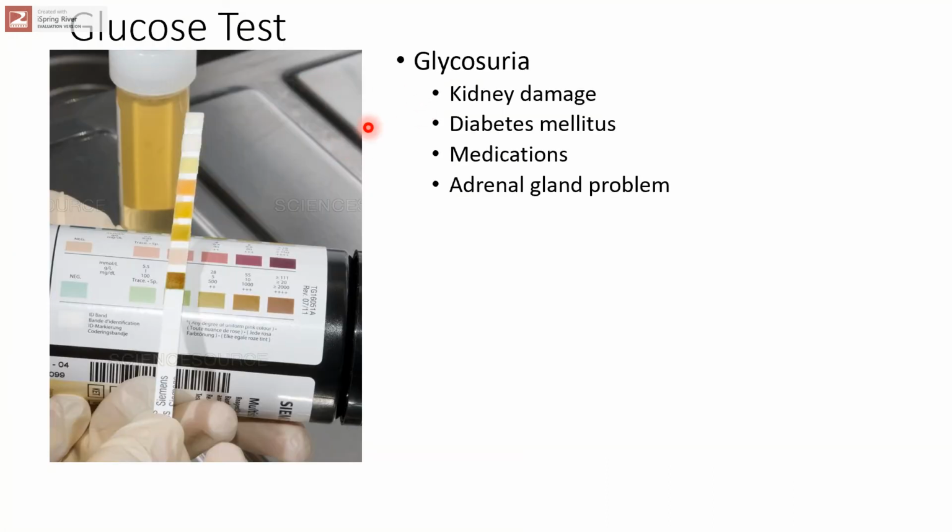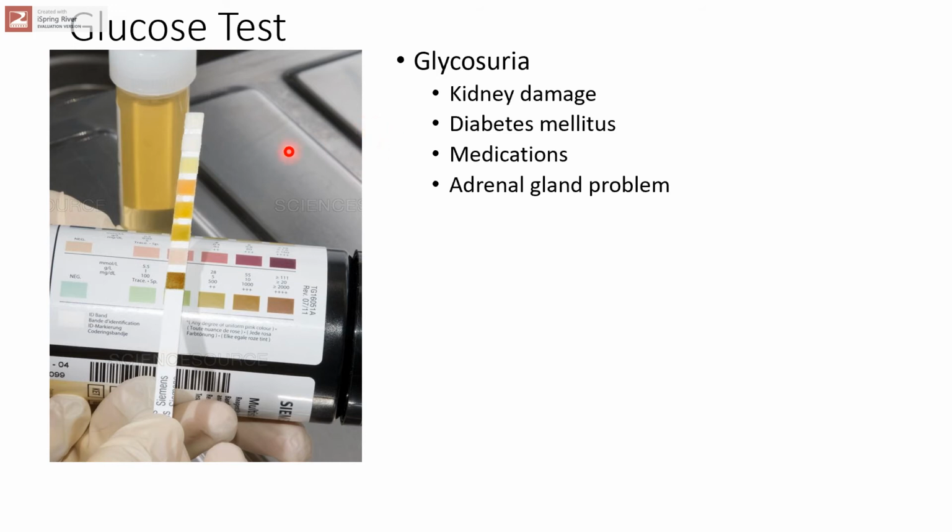Now, glucose test is something that you're really aware of. When the blood glucose level is really, really high, like in uncontrolled diabetes, it spills over into the urine when the person is hyperglycemic, right? And this usually causes proximal tubule dysfunction of the nephron, and you see glucose in the urine.